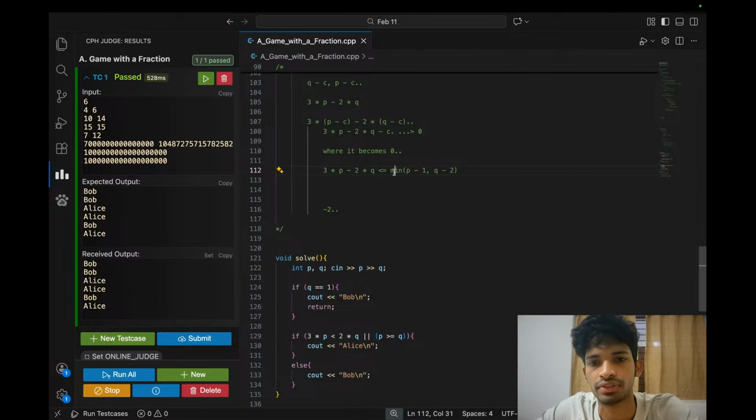Because if this is less than or equal to this, Alice can always go for increasing the value. She can always do Q minus, Q minus, Q minus, and Bob must be doing P minus, P minus, P minus.